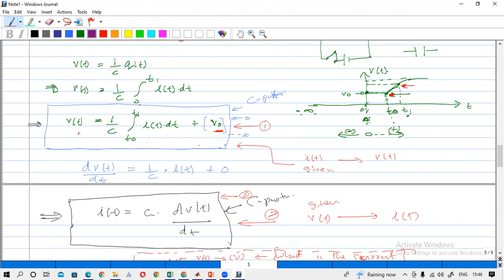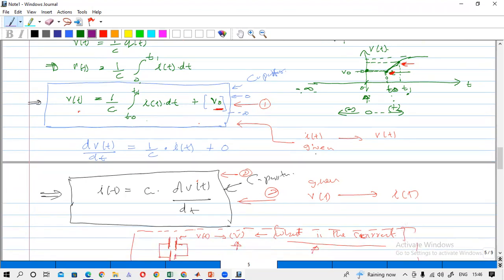So what is the equation we should use here? Can you get the idea? I told you that when I is given and you want to find Vt, it is easy to use the first one.